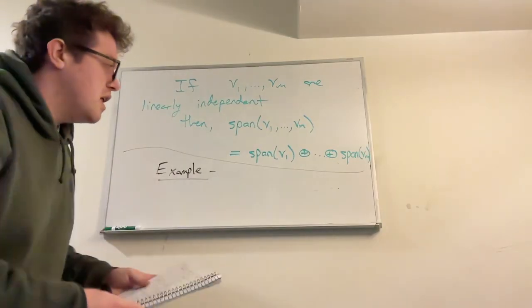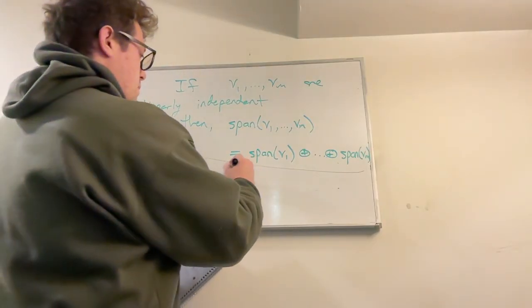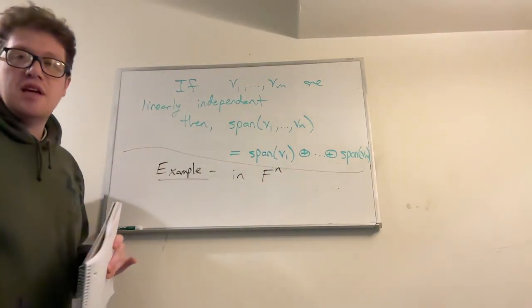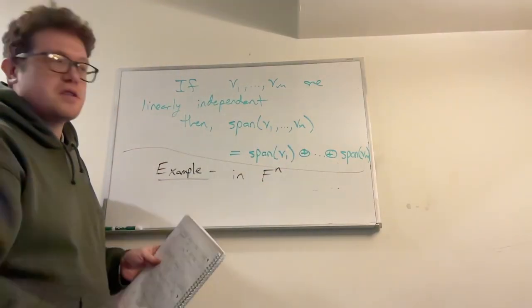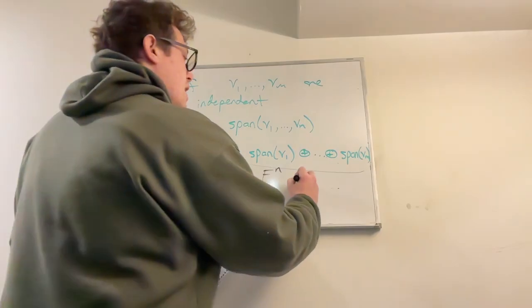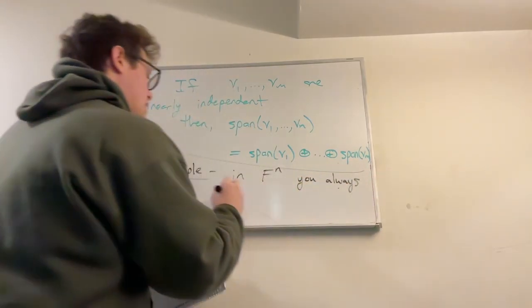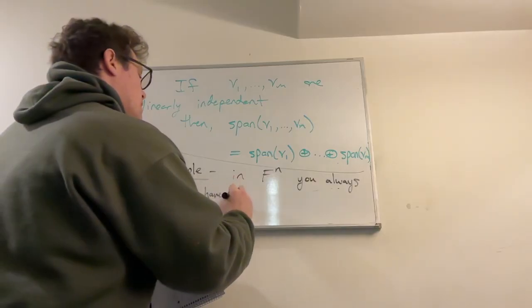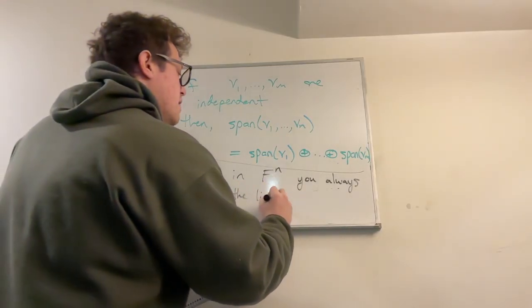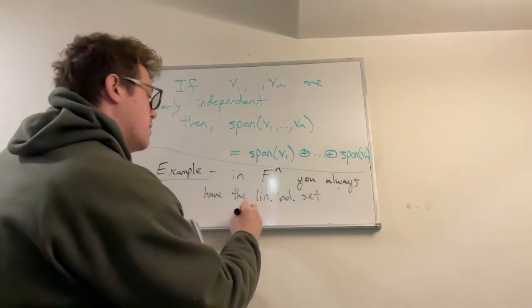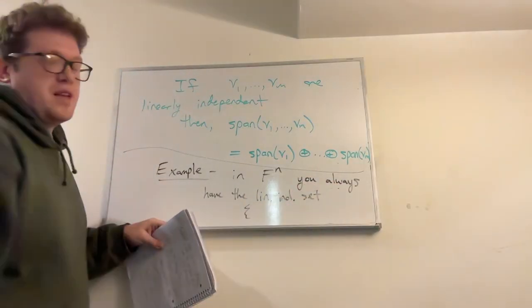So in F^n, so in R^n or C^n, lists of real numbers or lists of complex numbers, you always have a linearly independent list, I guess.